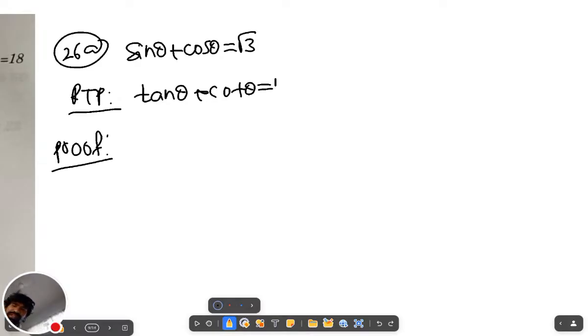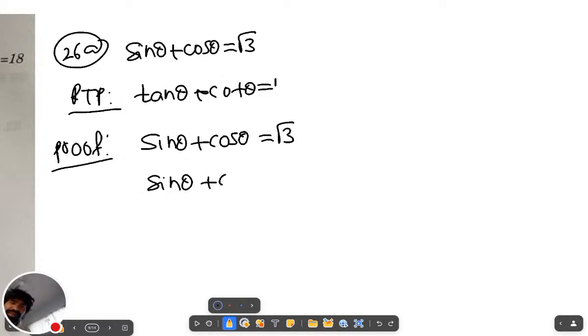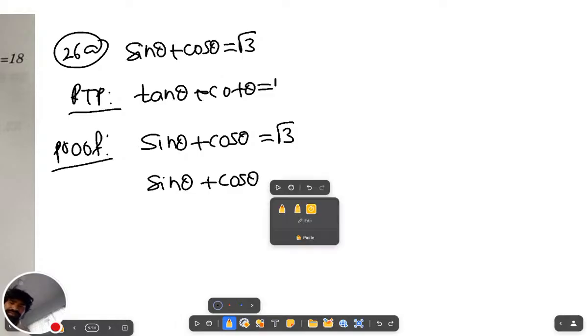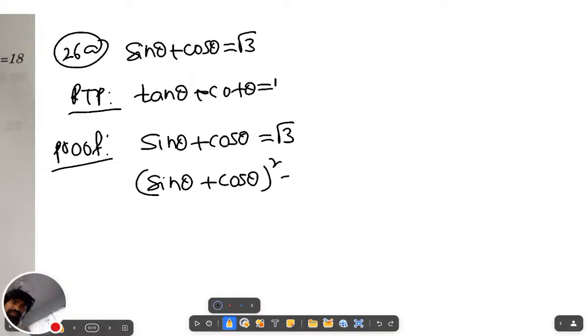So let's take what is given here. It is given that sin theta plus cos theta is equal to root 3. Squaring on both sides: sin theta plus cos theta whole square equals root 3 whole square.